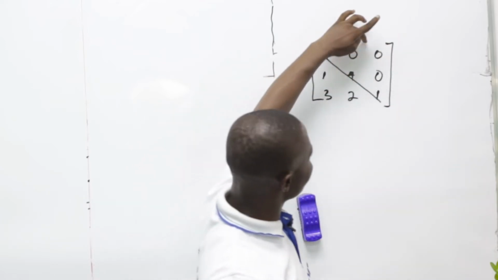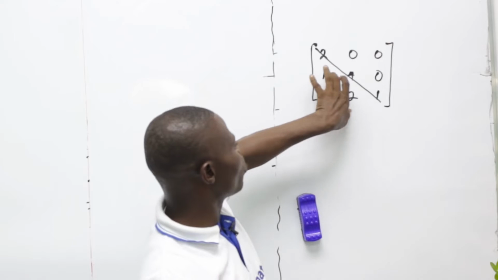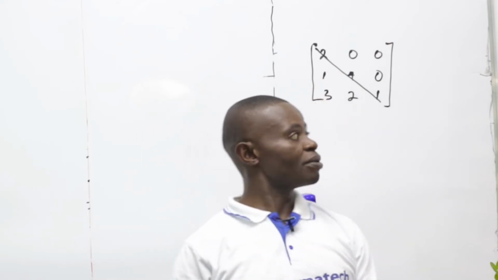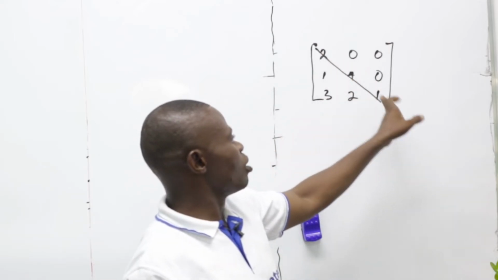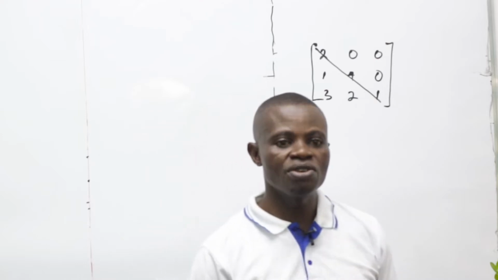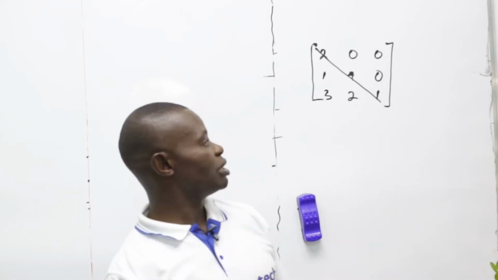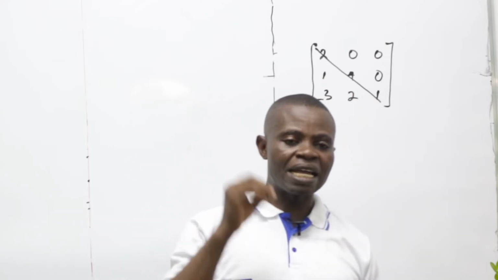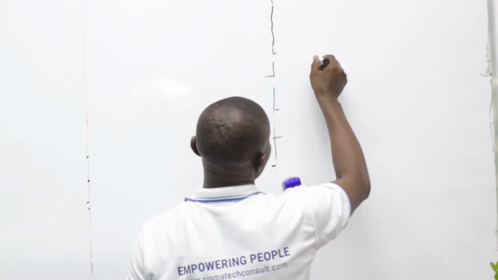But if the ones above are all 0, and the ones below are also all 0, then here becomes unity. You call it a unit matrix. Let us talk about the unit matrix. A unit matrix is just a diagonal matrix in which the elements above and below are all equal to 0, but the leading diagonal is unity. What do I mean by that? The unity I'm talking about is when the leading diagonal elements are all 1, 1, all through.